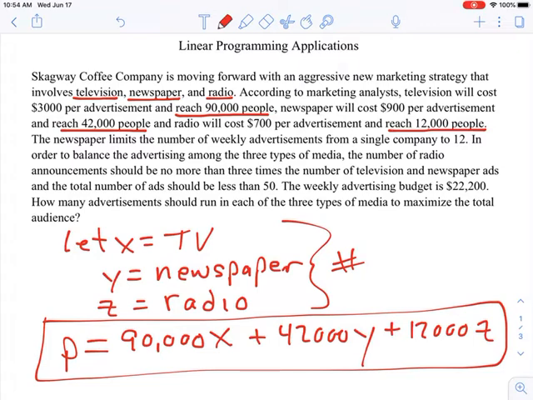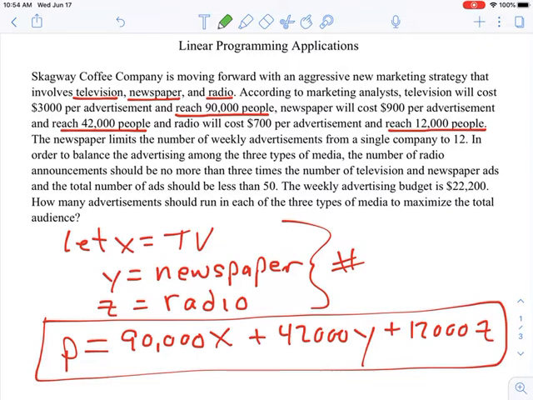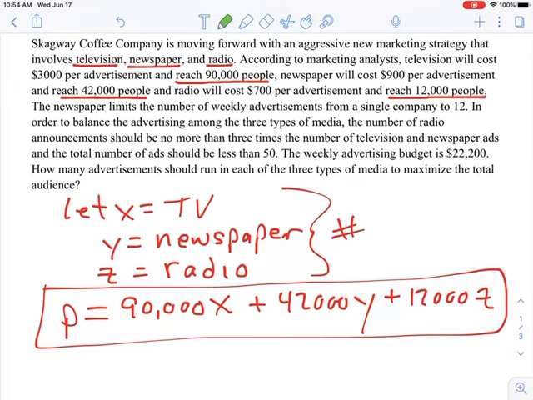Now, what about the constraints? This is where we have to read very, very carefully as we're going through these problems. Let's change to green. So what is one of our constraints here? Going back to the top, it says, according to market analysts, television will cost $3,000 per advertisement.